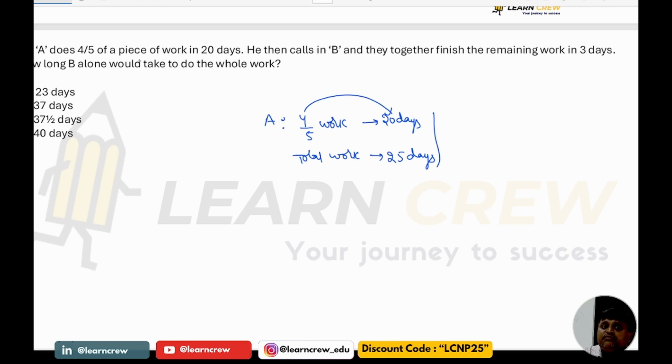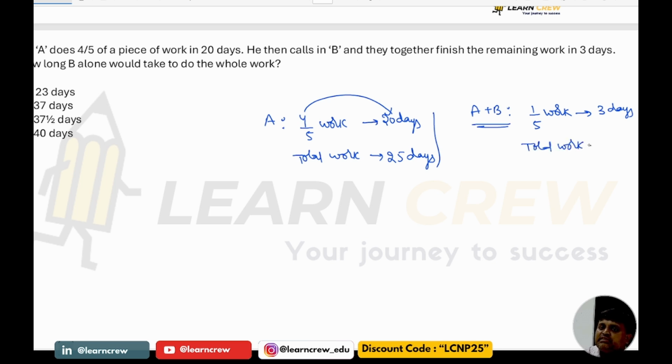After completion of 4/5 of the work, he calls B and then they together finish the remaining work. So A and B are finishing the remaining 1/5 of the work in 3 days. Total means 5 parts.